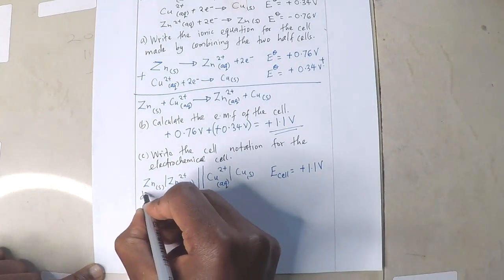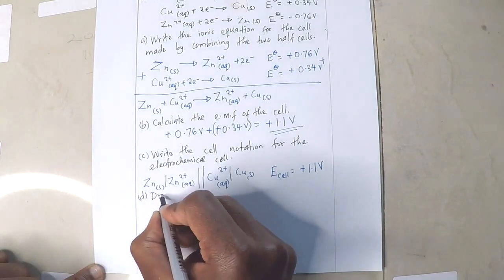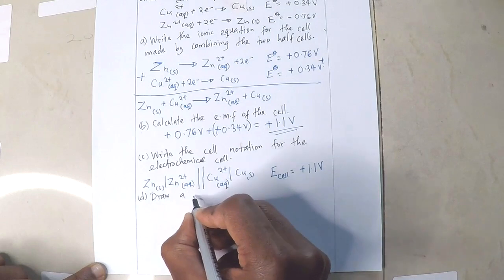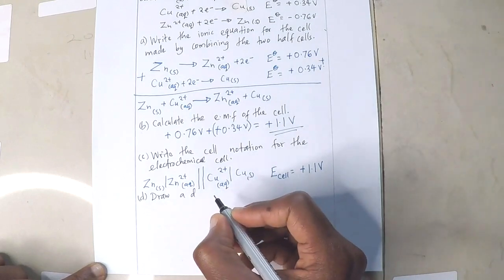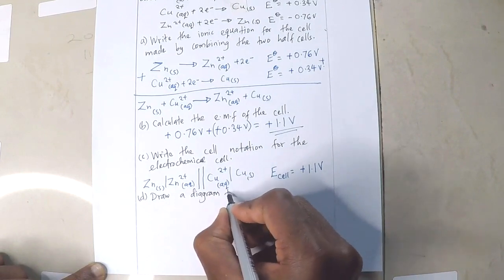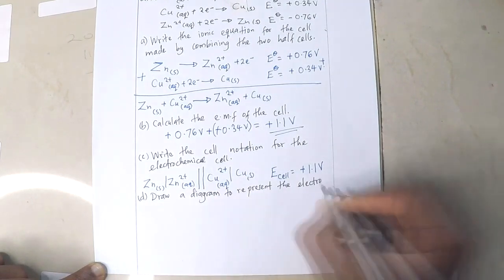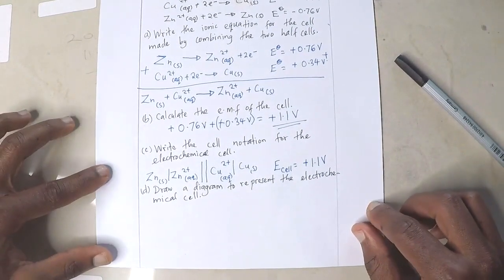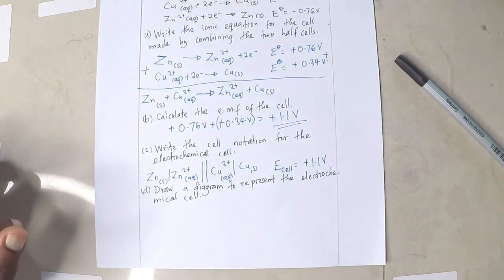Finally, it is to draw a diagram to represent the electrochemical cell. So this one I'll proceed as follows.